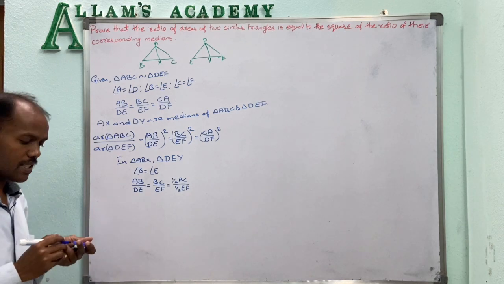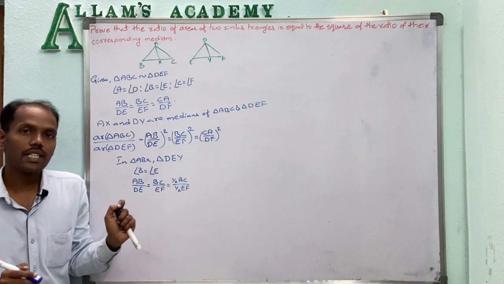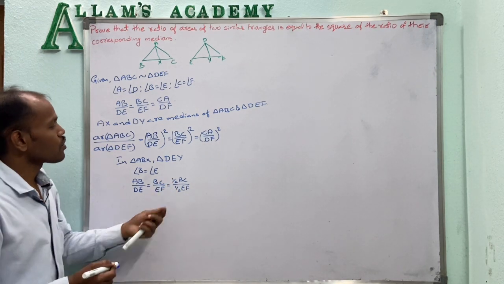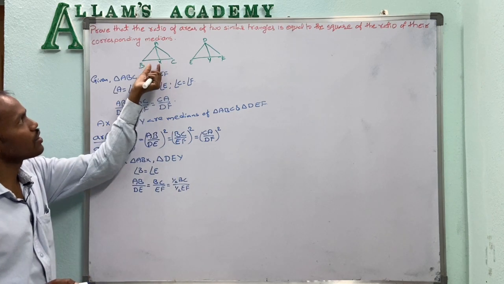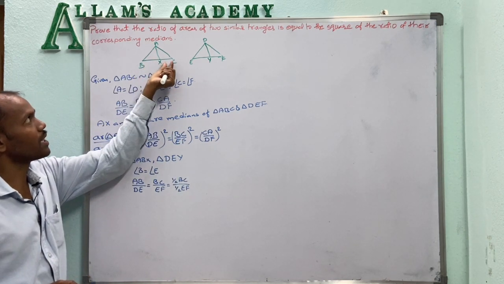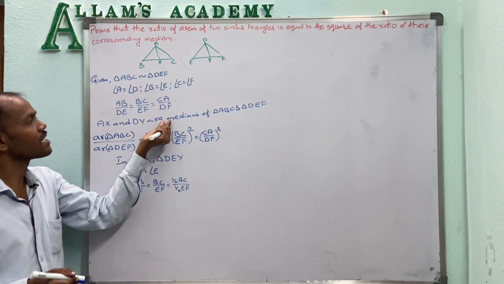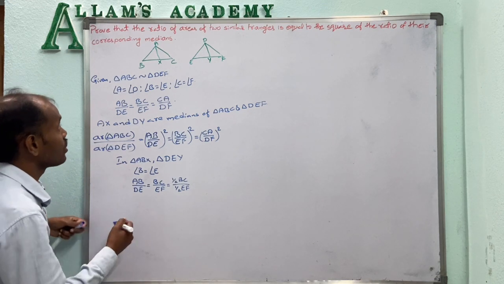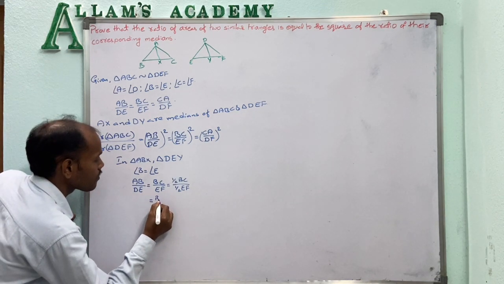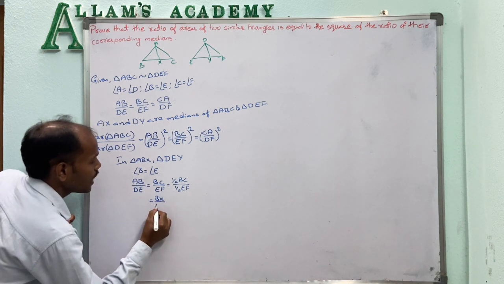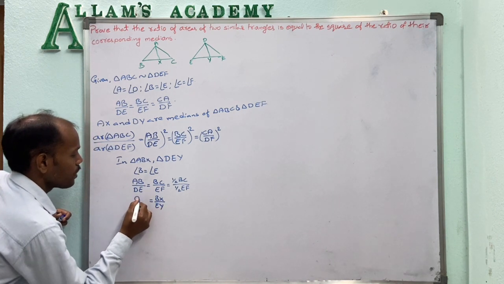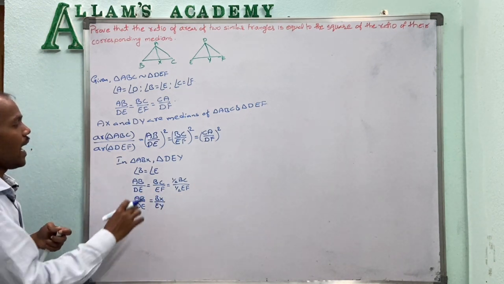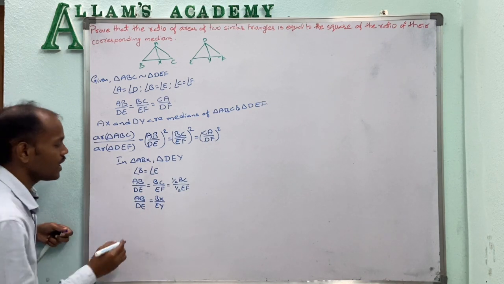With the same fraction we are dividing, so there is no change. Half of BC is nothing but BX or XC. Why? Because AX is a median, so it divides BC in equal parts. That means BX by EY. So AB by DE equals BX by EY, and angle B equals angle E.